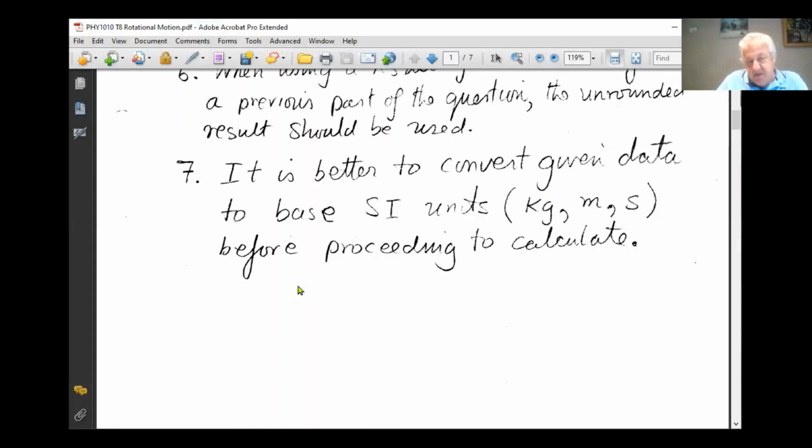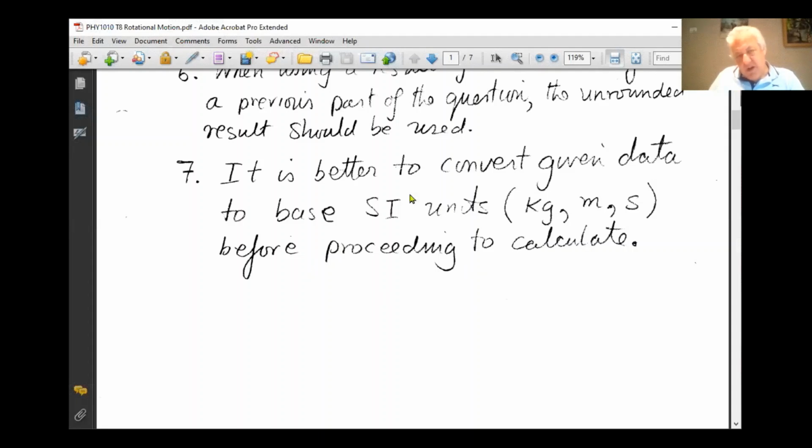The last point to remember is convert to base SI units. So convert your data to base SI units. That way, you'll get your answer in base SI units. You can get the right answer by not doing this, but you often may not interpret the answer very well, and also you may even get the wrong answer. So it really is better.